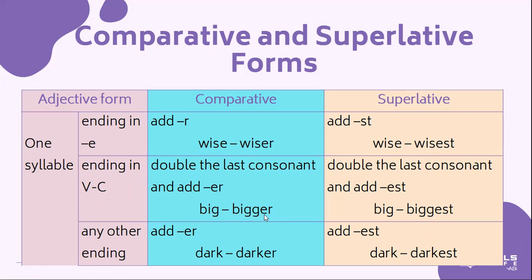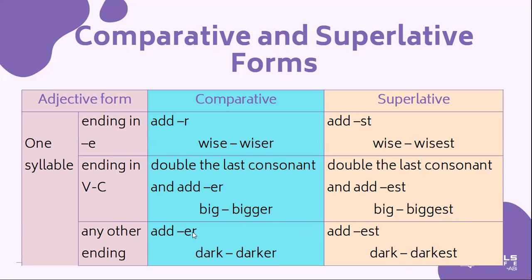Big, bigger. When we have the superlative, we are going to double the last consonant and add EST. For example, big, biggest. In this case, we are doubling the letter G and adding the EST form at the end.